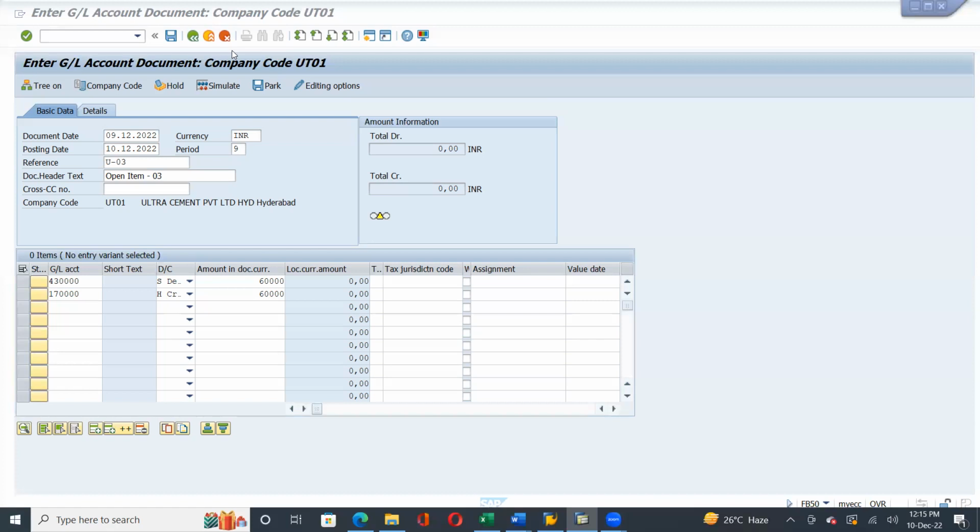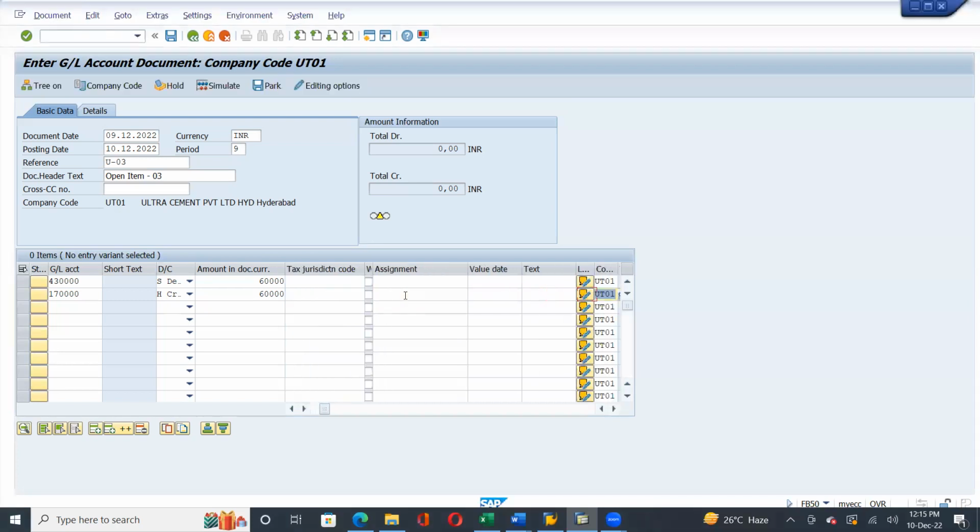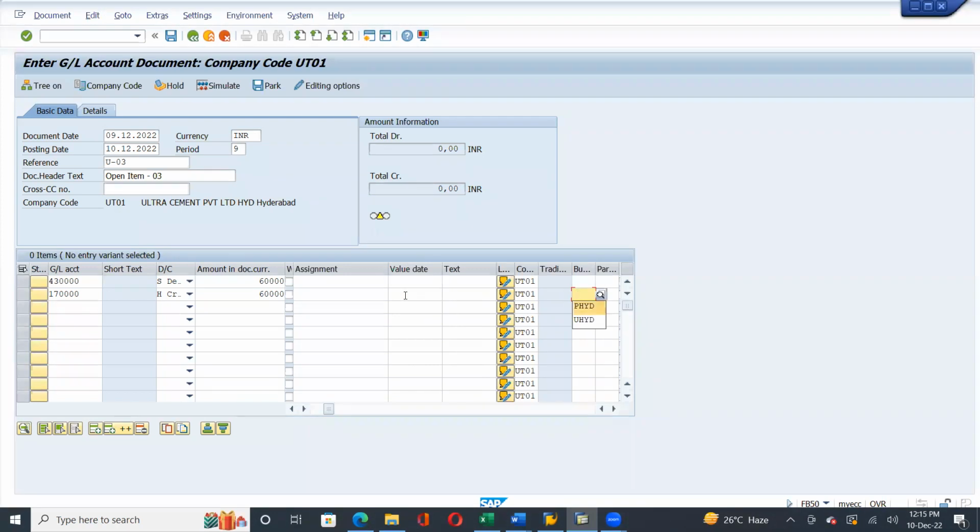Hello. Able to hear me, right? Yes. Right now, 60,000, 60,000. Business area same. Hyderabad business area.